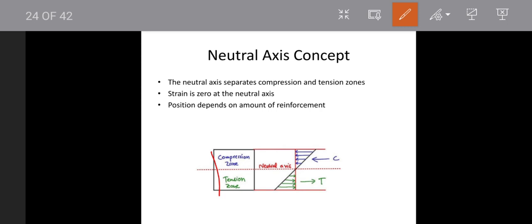But at the neutral axis point, the stresses will be zero. So the neutral axis separates the compression and tension zone, and the stress or strain is zero at the neutral axis. And the position of the neutral axis is determined by the amount of reinforcement provided in the reinforced concrete element.